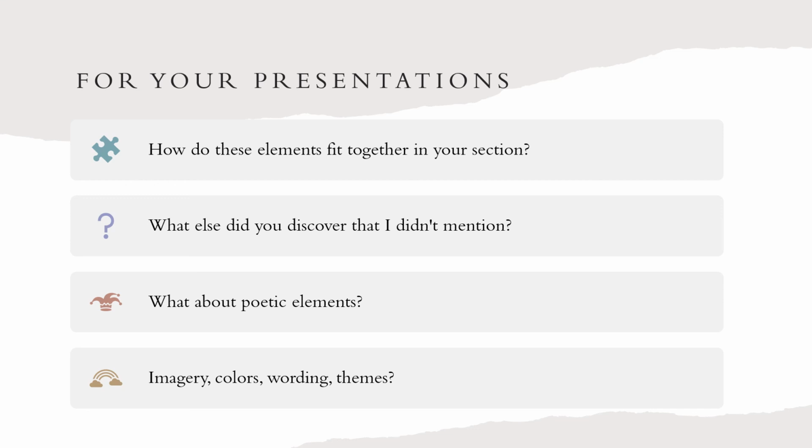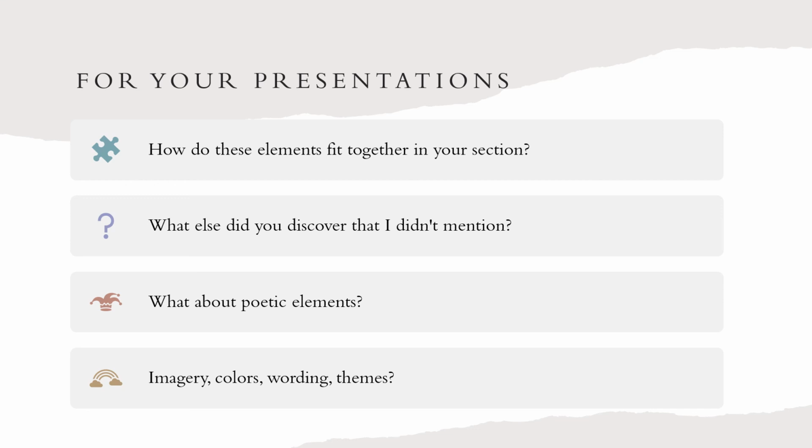So think about how these elements fit together in your section. Which of them emerge there, and how does your section develop these ideas or move them along? And then what are you discovering that I didn't mention? What about poetic elements? How do the rhymes at the ends of the stanzas work? How do the alliterative lines work?